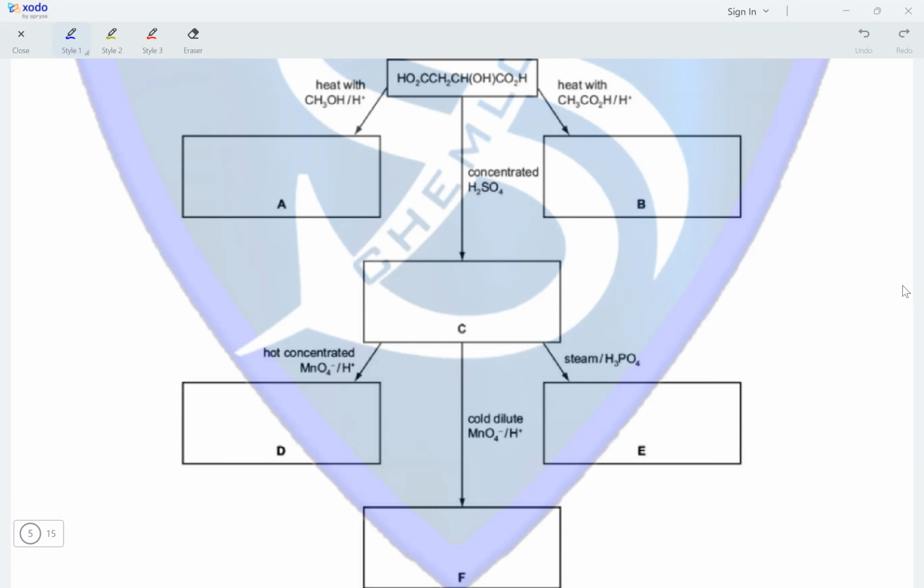So we end up with a compound CH3, then the O of CH3 and the O of malic acid, and then the carbon of malic acid, followed by CH2, CHOH. Then we've got C and O of malic acid, then the oxygen and the CH3 group of the methanol. So this is the diester that would be produced when malic acid reacts with methanol.